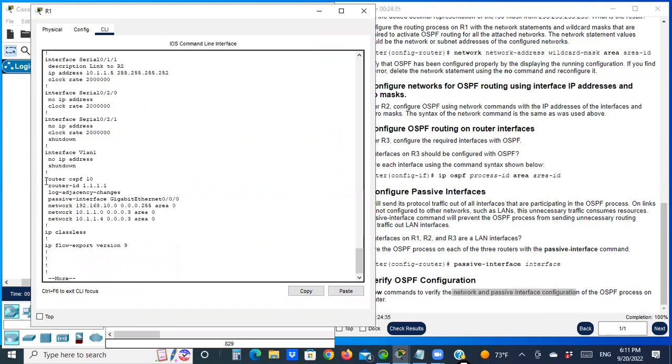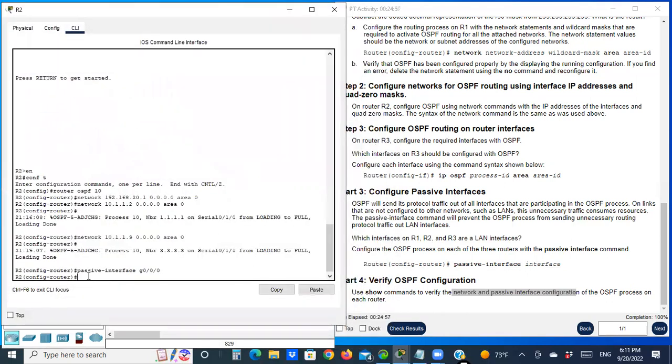Here's the OSPF configuration: process ID 10, this router ID, passive interface. Good, perfect. And the 3 networks are here. Perfect, we are done.